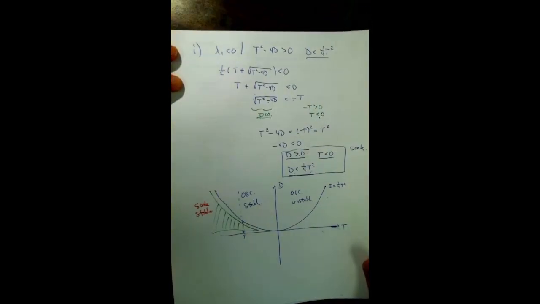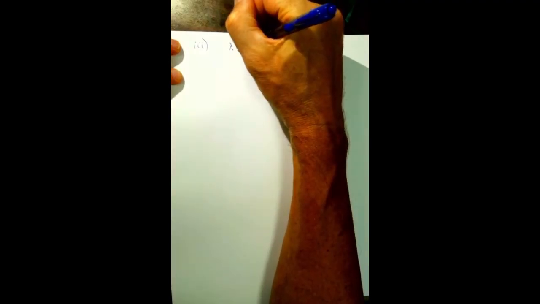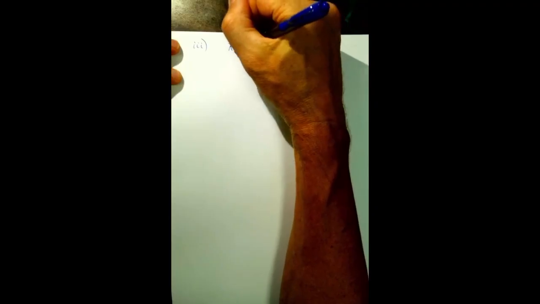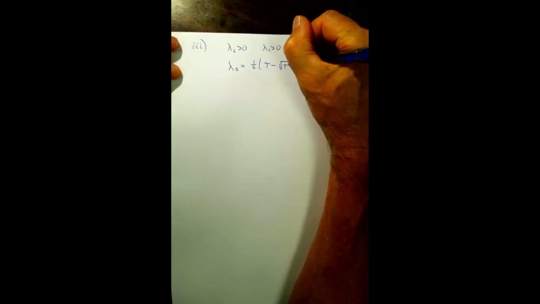Okay. Let's look at the case where they're both positive. So this is case 3. So I know that lambda 2 is positive, lambda 1 is positive, and I know that lambda 2 is less than lambda 1. So if I show that lambda 2 is positive, lambda 1 is automatically going to be positive. My lambda 2 is 1/2 t minus the square root of t squared minus 4d.